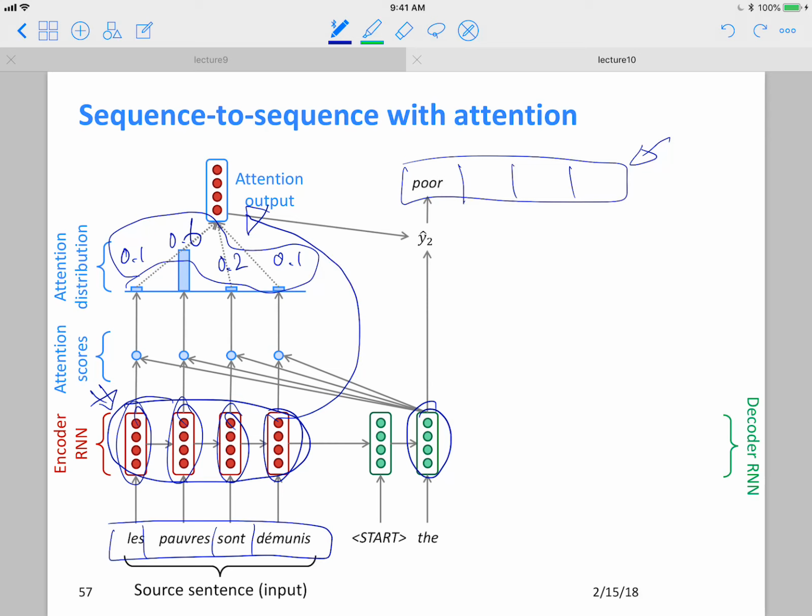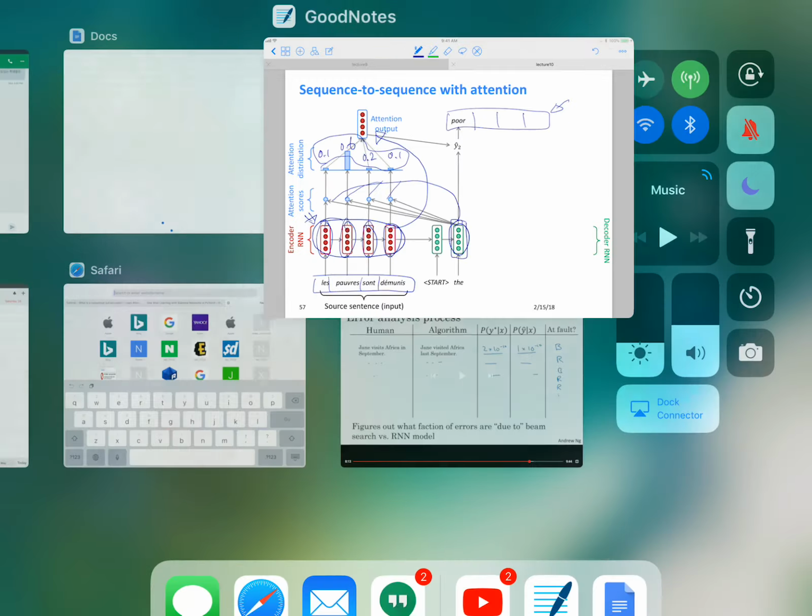The simplest one is as follows. We have a hidden state vector here, and we just compute the inner product with the encoding vector of each source word. This is the first one.